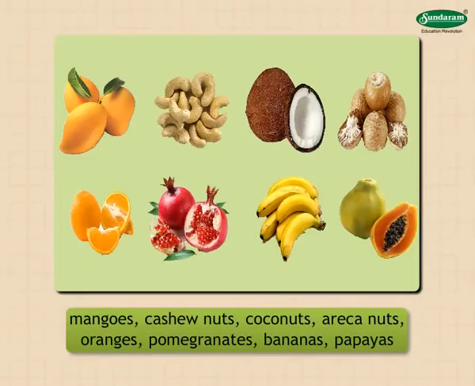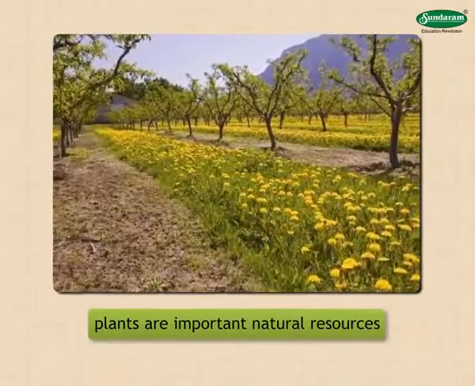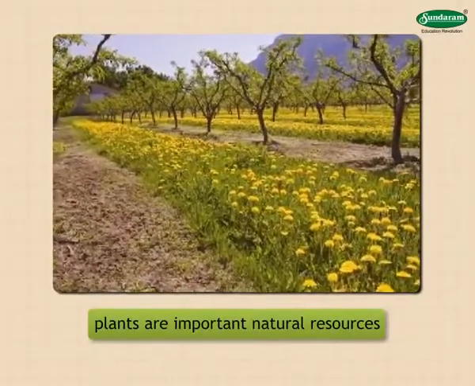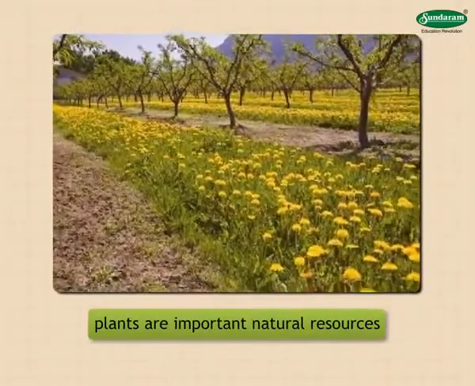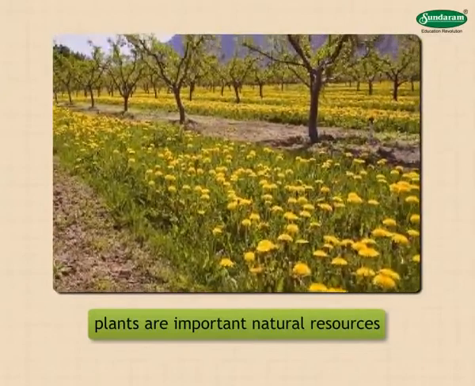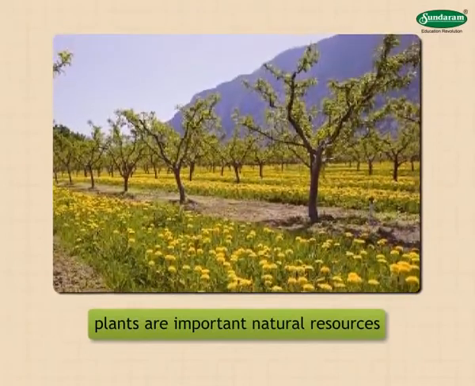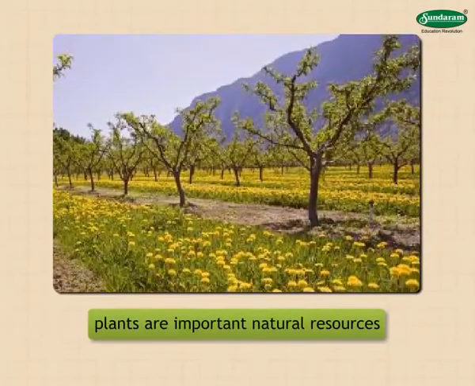These examples show that animals, forests, and plants are important natural resources. Now, let us learn more about other natural resources such as water, air, minerals, metals, fuels, and soils.